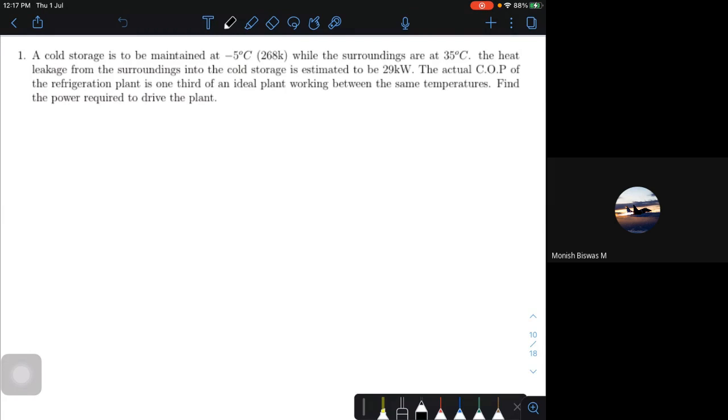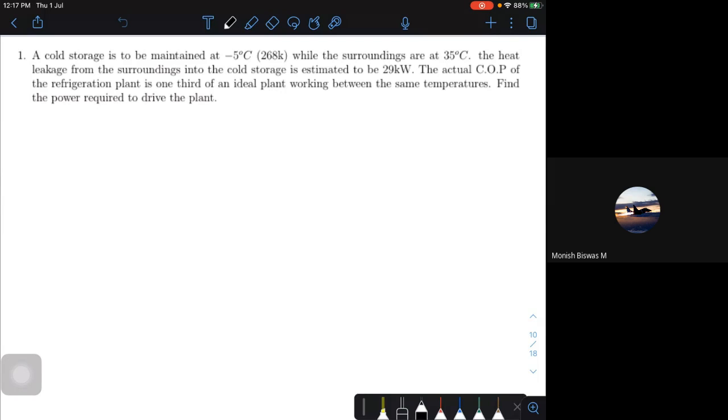So your atmospheric temperature is 35 degrees Celsius, but the evaporator temperature should be at minus 5 degrees Celsius. The heat leakage from the surroundings into the cold storage is estimated to be 29 kilowatts. There is a leakage, that is, the amount of heat absorbed is around 29 kilowatts.